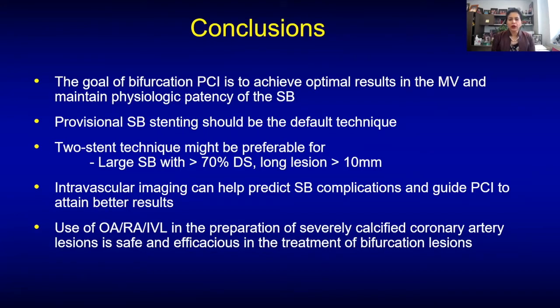Imaging to predict any complication should be considered. If you have severe calcium, optimal preparation of the main vessel and/or side branch using various devices, whether it is orbital atherectomy, RA or IVL, is safe and efficacious in the treatment of bifurcation lesions.